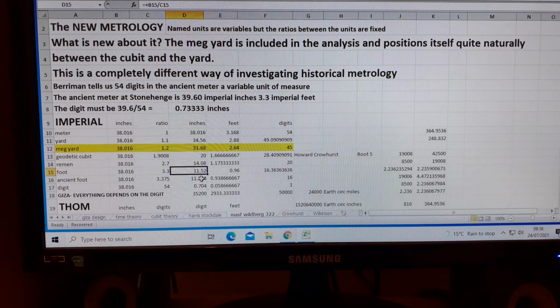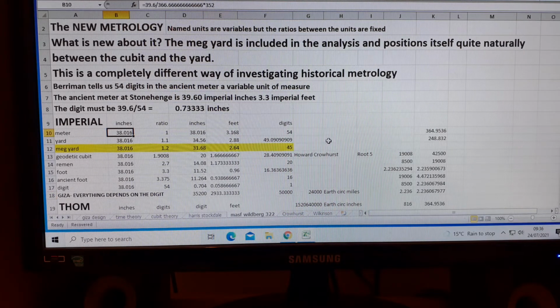The foot, 11.52. And the digit, 0.704. Giving us 35200 inches in the Giza base. 2933.333 feet. And we know that the eclipse month is 29.333 days. We've been through that on another presentation.